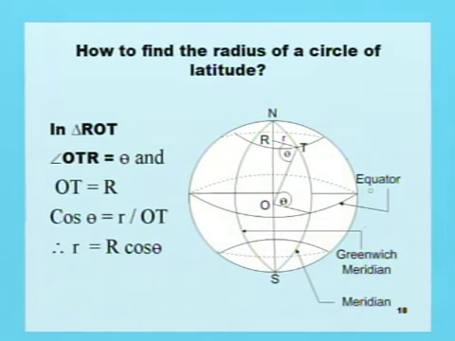So little r, or the radius of a circle of latitude, will always be expressed as the radius of the Earth times cosine of the angle of latitude.